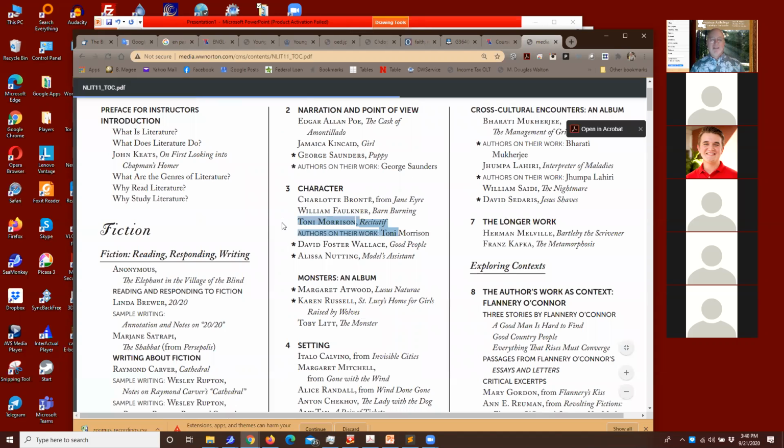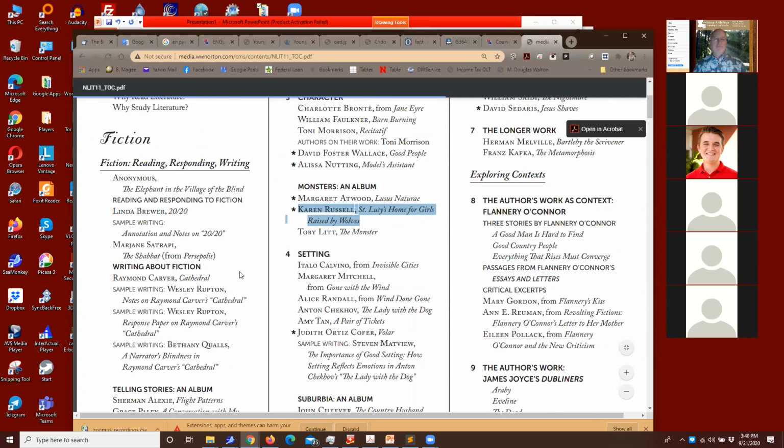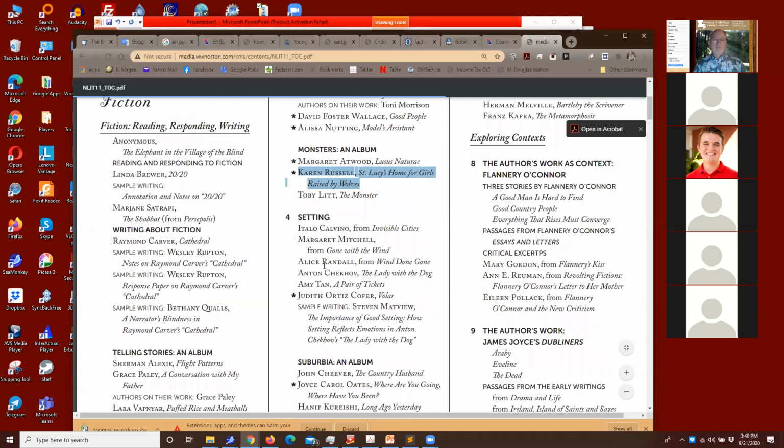Toni Morrison, she's kind of recent, but she's really famous. So there's probably stuff on her. Margaret Atwood. Here's one, St. Lucy's Home for Girls Raised by Wolves by Karen Russell. Never heard of either of those. So probably when you get into JSTOR, there's not going to be a lot on it. Does that make sense? Yes, sir. Thank you. Sure thing.